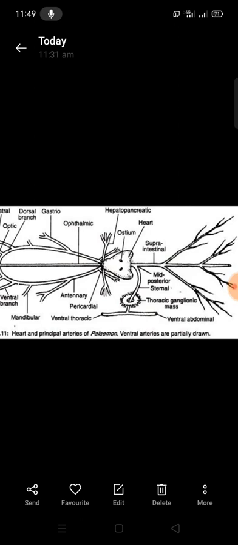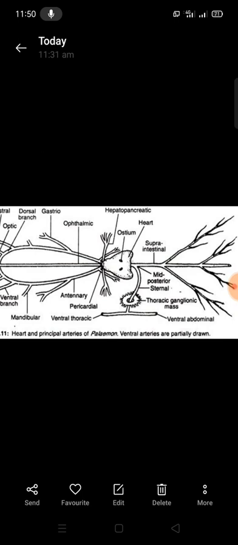It originates from the posterior end of the heart. It immediately divides into 2 branches, namely the supraintestinal artery and the sternal artery.